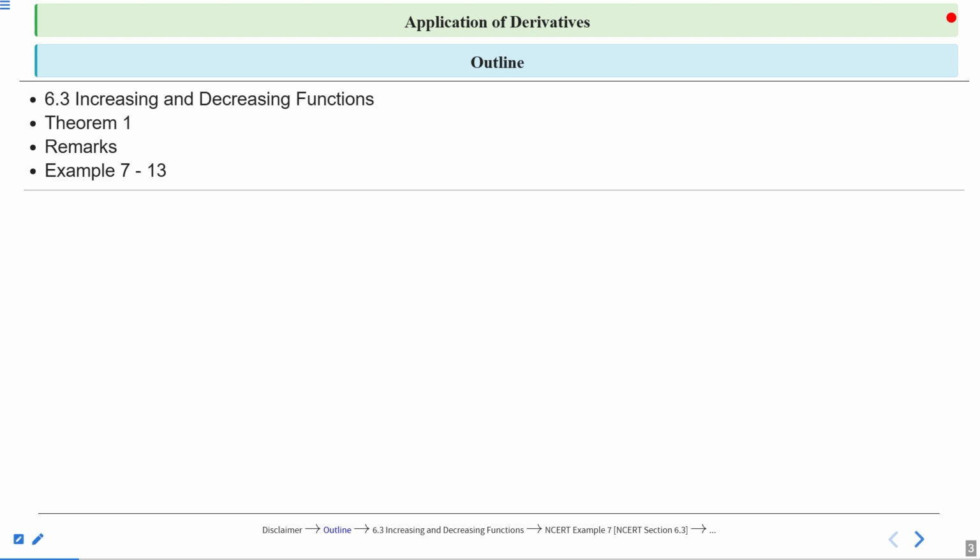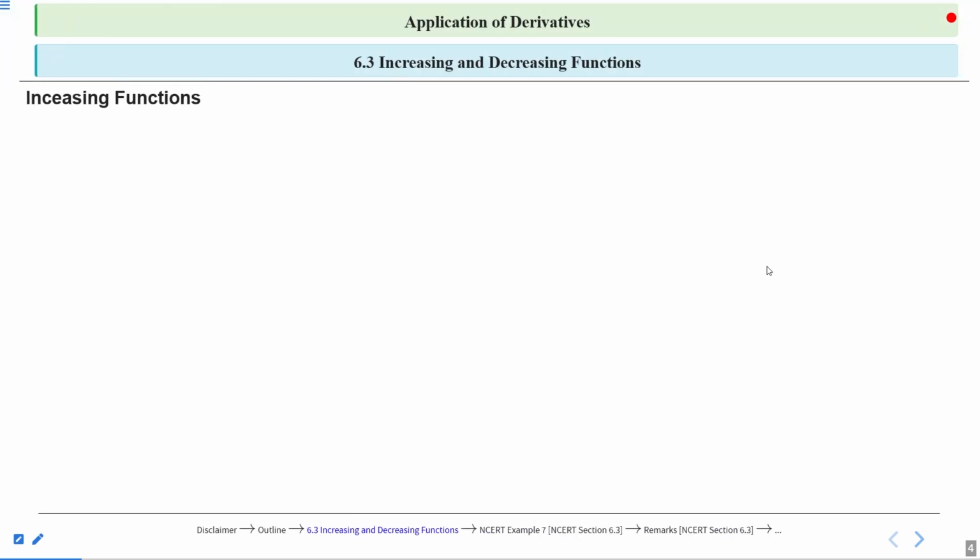Okay, so let us start now. So let us start with increasing functions.